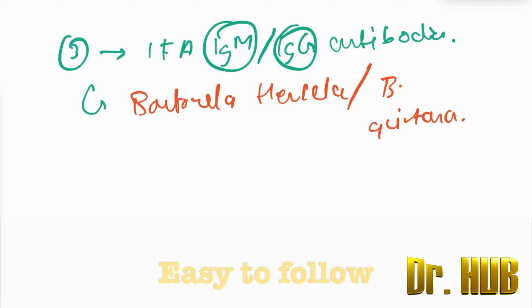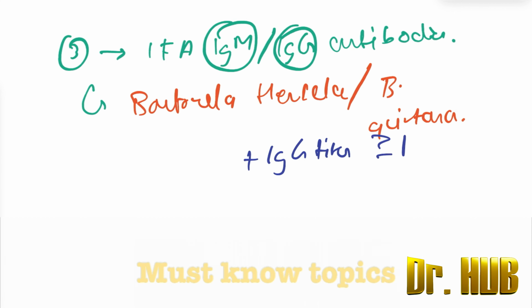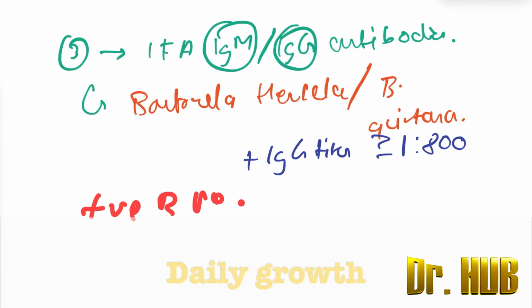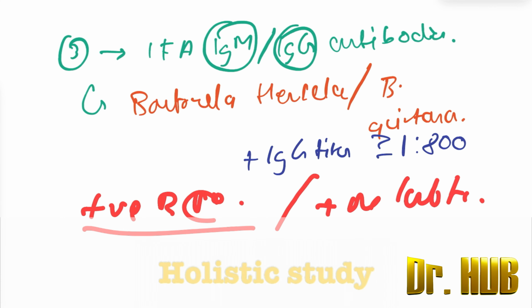This is with the IgG titer, and this is nothing but greater than 1:800. So this was about microbiology. Just to recap, we saw the positive blood culture and also the positive lab test.